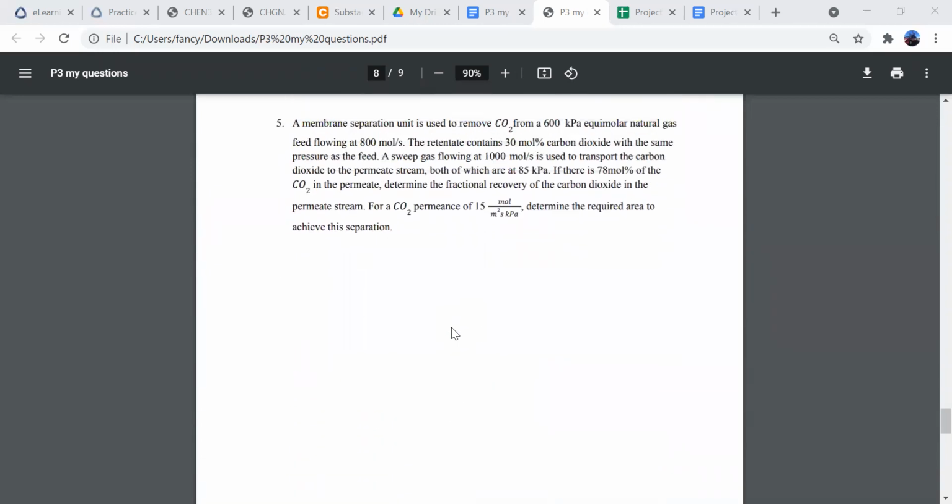And then for this last question, we have a membrane separation unit that is used to separate carbon dioxide from a natural gas feed. And you're asked to find the fractional recovery of the carbon dioxide in the permeate stream, as well as determine the required area to achieve this separation.